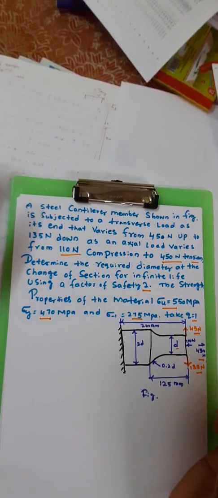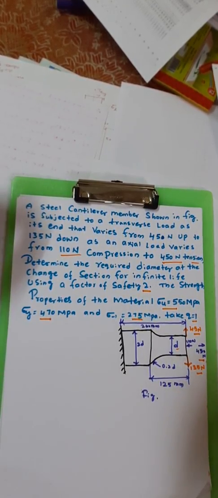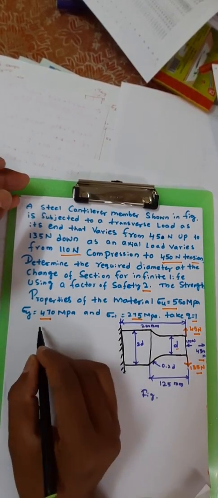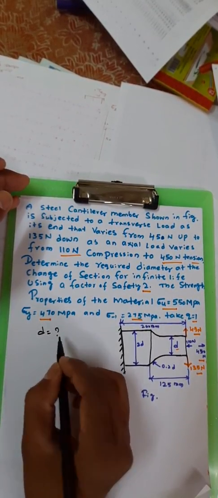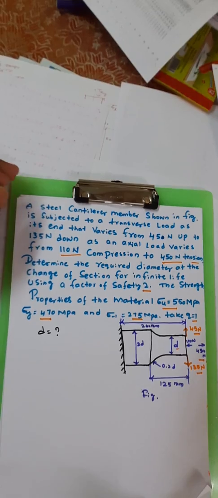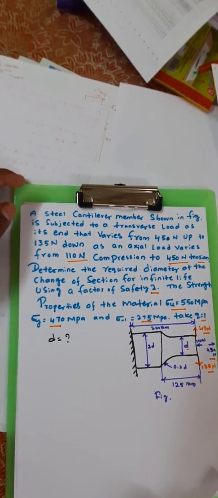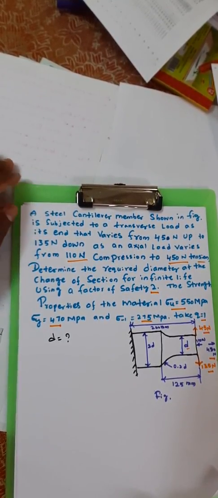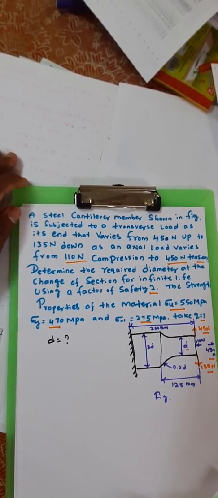This is the given problem. Here we need to find out the diameter small d at the change in cross section of the steel cantilever beam. First let us note down the given data.